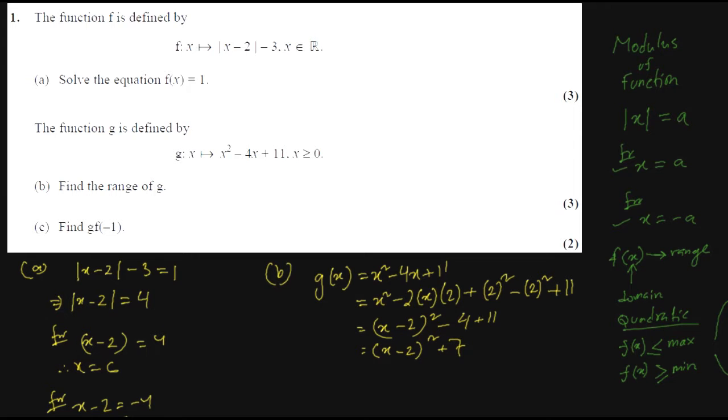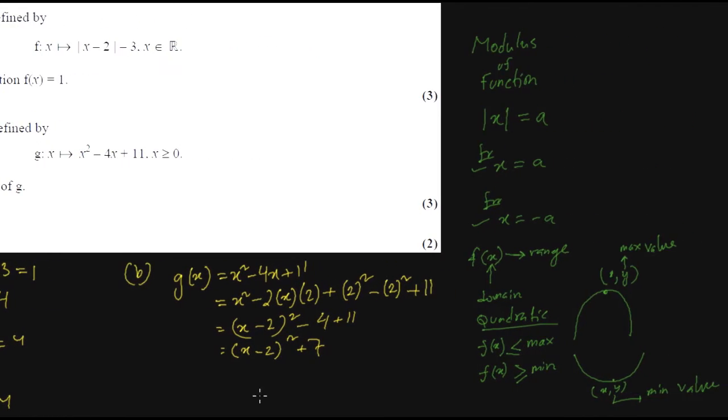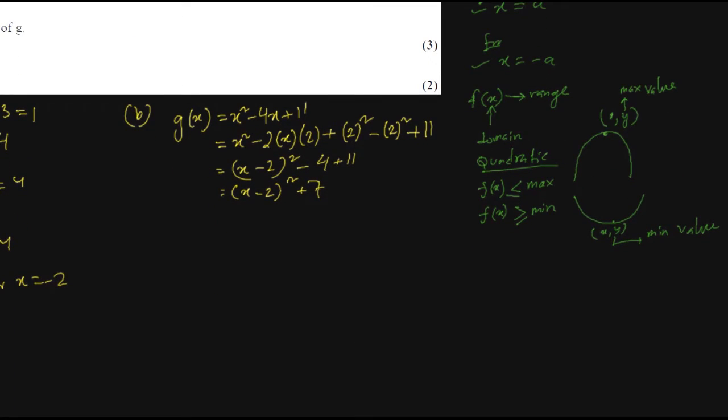So this is the rule from C1. Let me do a little bit of a C1 review here. So in C1, when we have any expression written like p(x minus q) whole squared plus r, the y coordinate of the turning point is going to be the same as whatever is outside the complete square, added or subtracted, but the x coordinate of the turning point is going to be different.